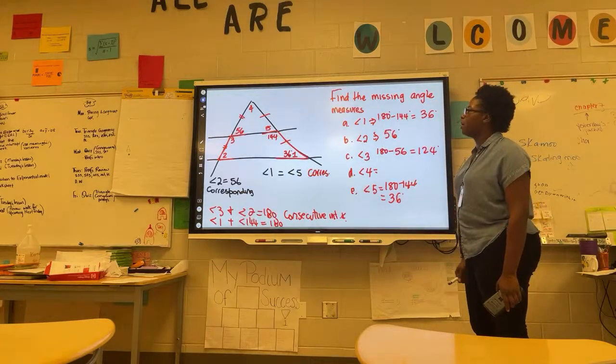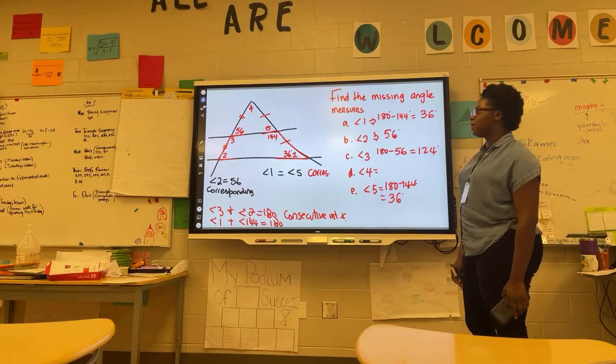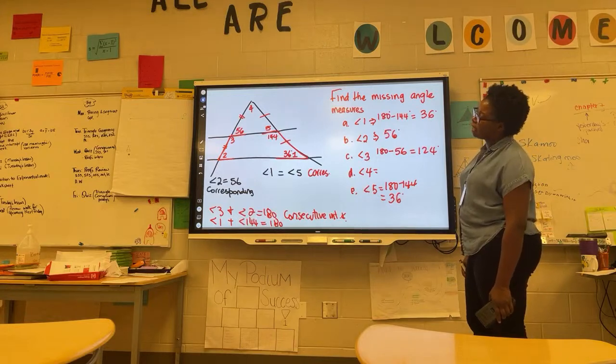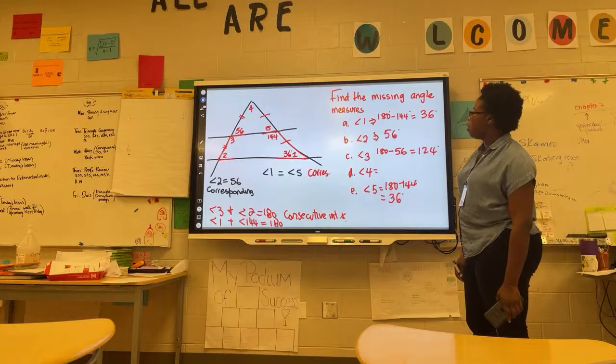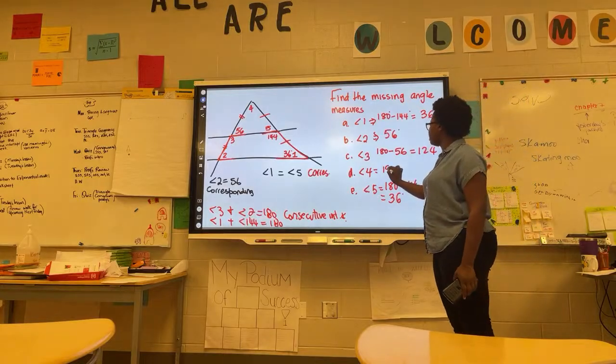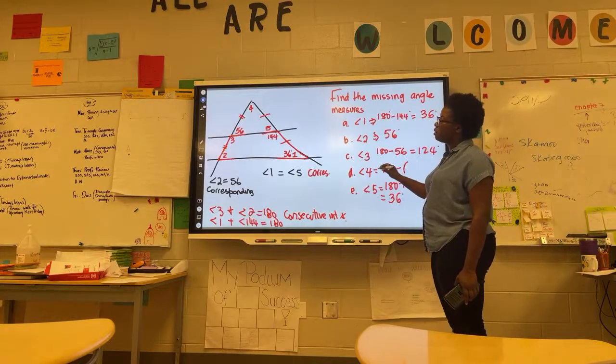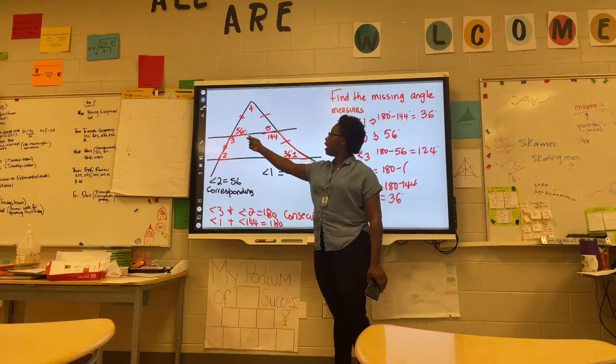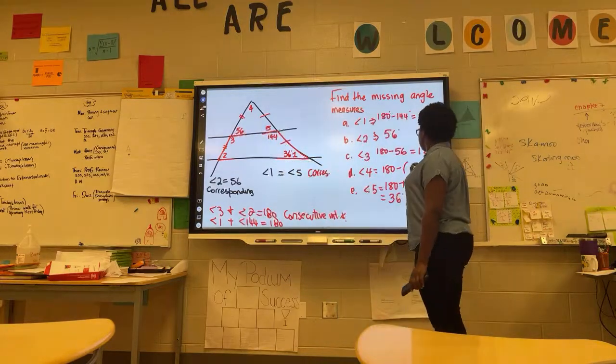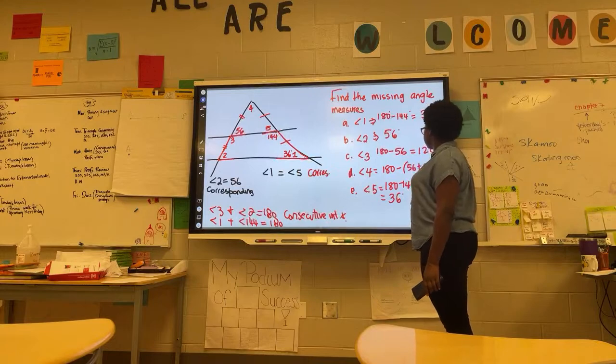For angle 4, there are several ways of working this. You can use your extended triangle by saying 180 minus 56 plus 36.